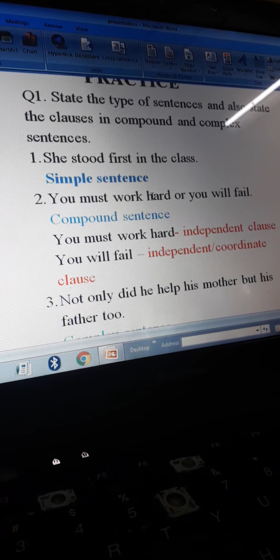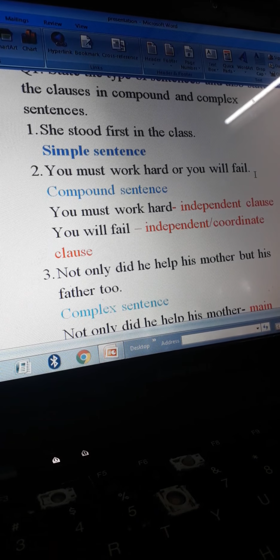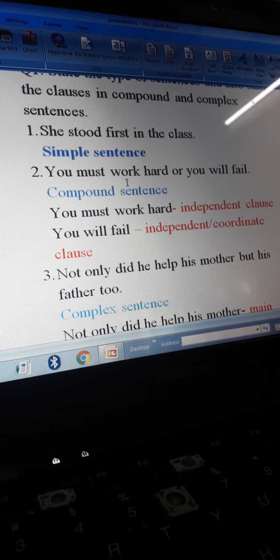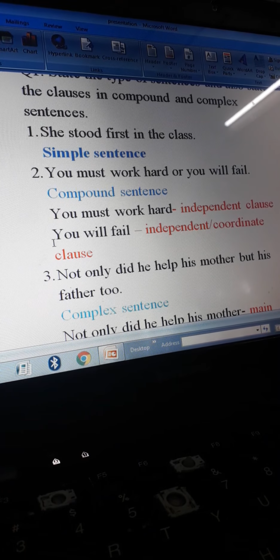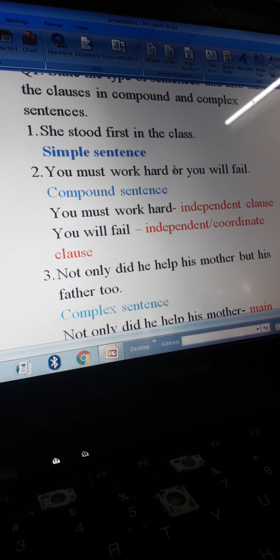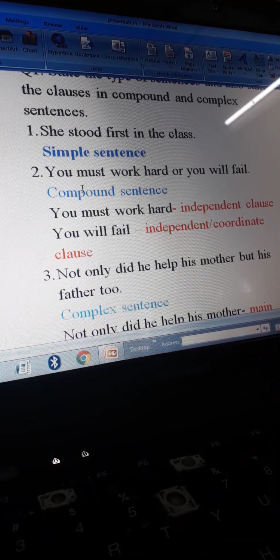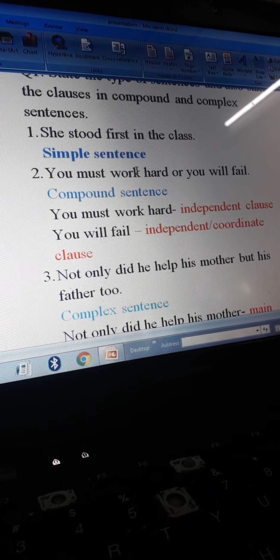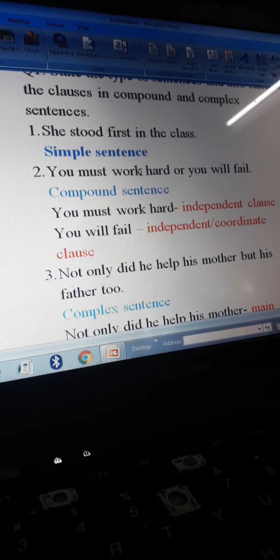Okay. Next, you must work hard or you will fail. Now here this sentence is divided into two parts. You must work hard and you will fail. And it is joined by the conjunction or. Okay. Now let's read the independent clauses, whether they are making good sense on their own or not.